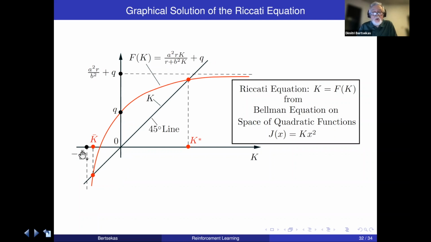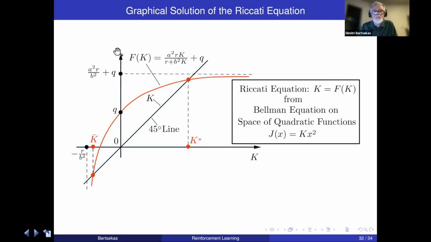And also there's another asymptote, when the denominator approaches 0, which happens for the value of K equal to minus r over b squared, then the graph of the right-hand side of the Riccati equation goes off to minus infinity. So this is the form, and this is generic.